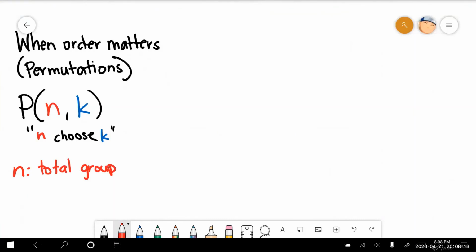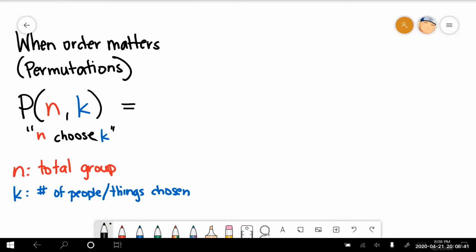And K is going to represent the number of people, or I guess sometimes it could be things, that are chosen. Okay, so out of N, we're choosing K. Out of 10 members of the chess club, we chose 4.